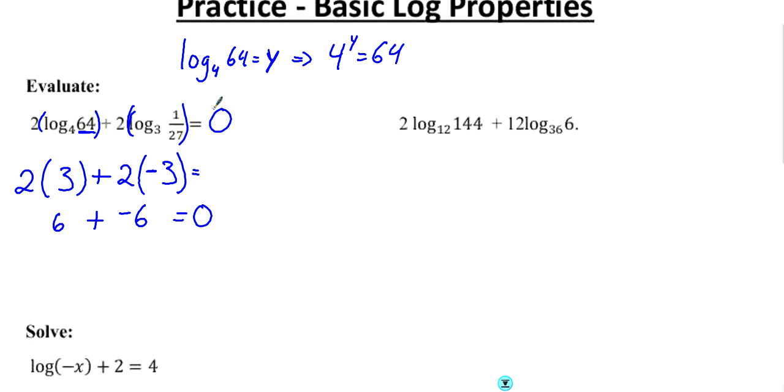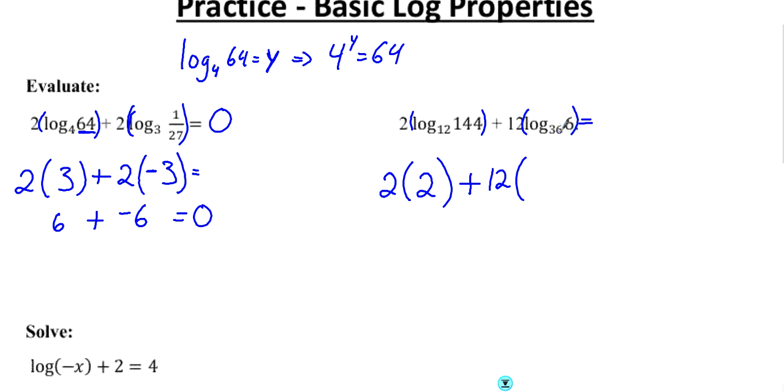So we're just using our log identities and our log properties to simplify these to find our answers. The same thing here. This is really 2 times whatever this is. Again, 12 to what power gives me 144? Well, 12 squared is 144. Plus 12 times, and what is this? 36 to what power gives me 6?